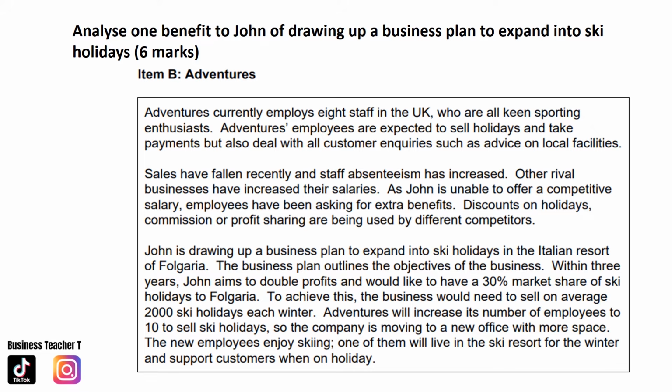To achieve this, the business would need to sell on average 2,000 ski holidays each winter. Adventures will increase its number of employees to 10 to sell ski holidays, so the company is moving to a new office with more space. The new employees enjoy skiing. One of them will live in the ski resort for the winter and support customers when on holiday.